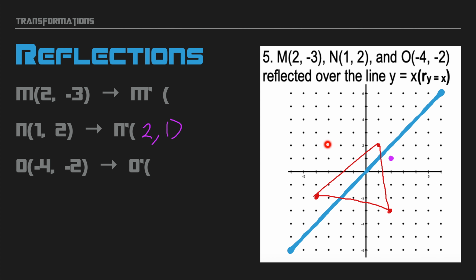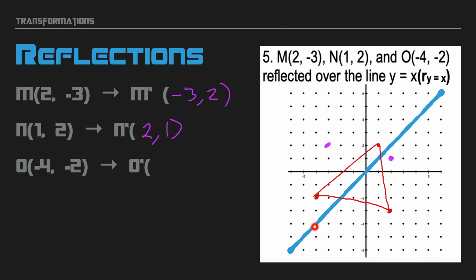So that means that my new point is at, sorry, not 2, negative 3. Negative 3, 2. So here we go. And then our final point is going to be, well, let's see.